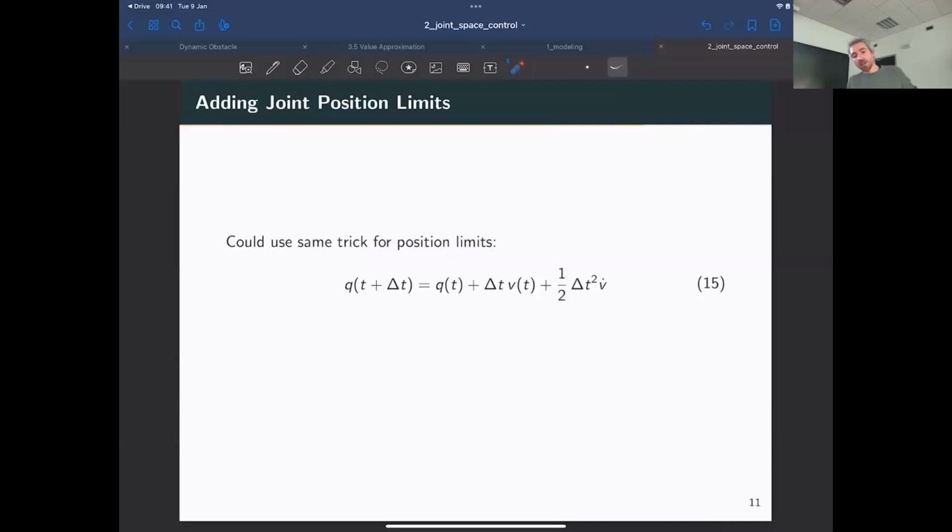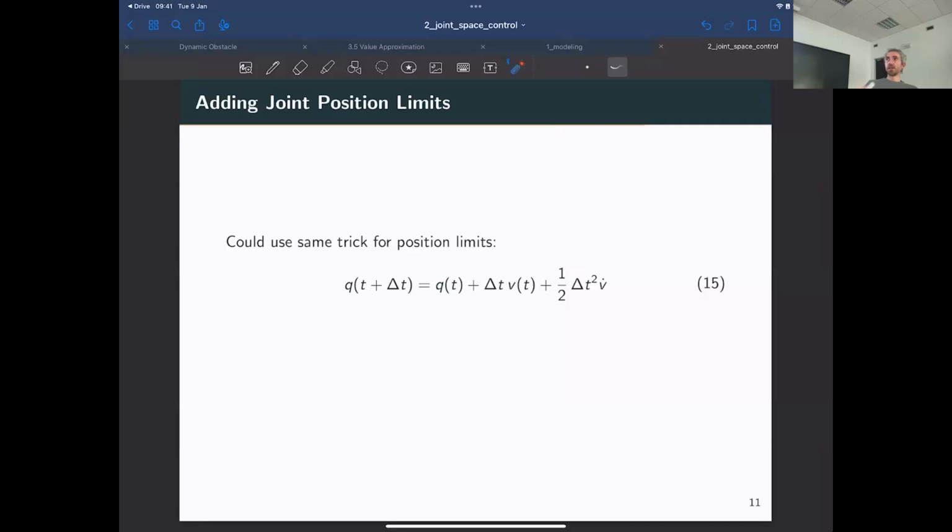There is an extra constraint that we could add, which is the one on the joint positions. I've left this as the last one because this is actually quite tricky. We might be tempted to do the same trick that we used for the joint velocities.